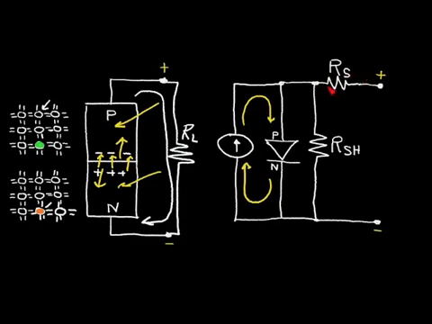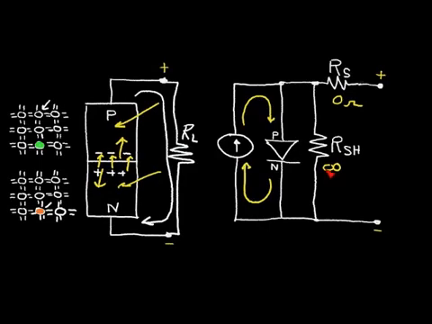We have R sub S, which is a series resistance, and we have R sub SH, which is a shunt resistance across the diode. Now these parasitic resistors limit the performance of the solar cell. You'd like to have this resistor ideally be 0 ohms, and you'd like to have this resistor be infinite, but that of course does not happen.